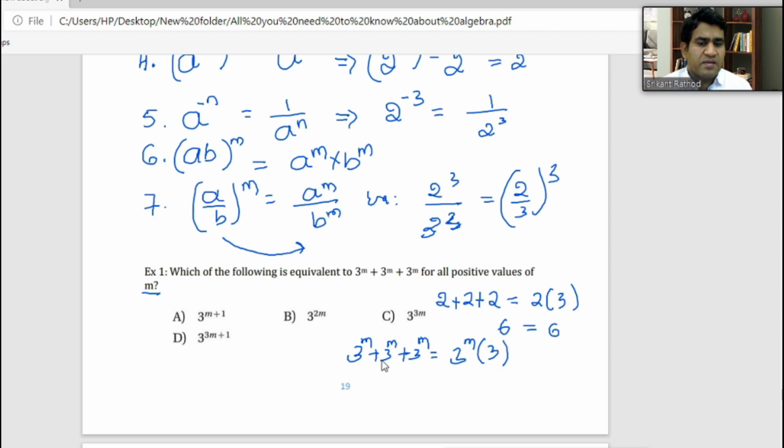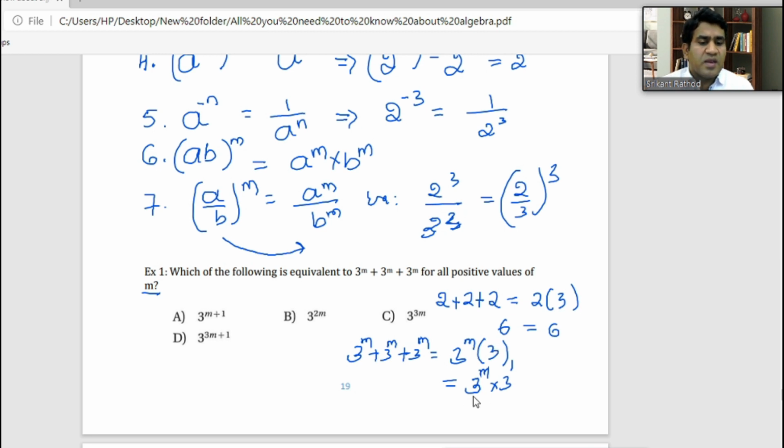So you have to write it as 3 to the power m times 3. Now how do you convert this in terms of an exponent? This can be further written as 3 to the power m times 3 to the power 1, right? If I am not writing anything on the power, it means the power is always 1.